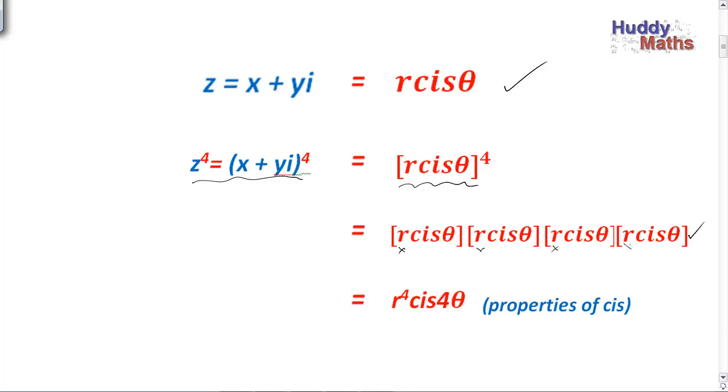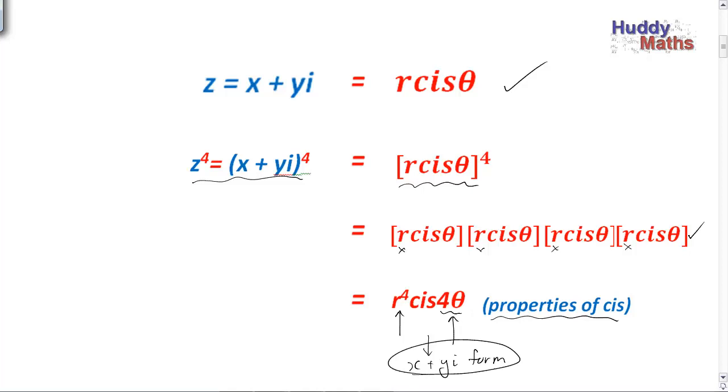The modulus of a complex number, modulus of z, which we're calling r here, so it would be r to the fourth. And from the properties of cis that we've established in an earlier presentation, cis theta by cis theta by cis theta, you add the arguments. So it's cis 4 theta. So then we could, if we wanted to, bring that back to x plus yi form at the end there.